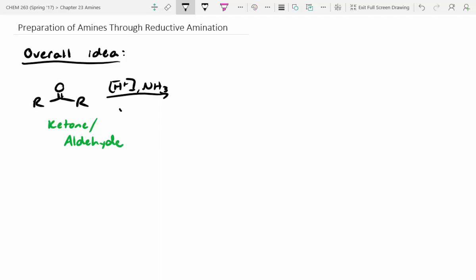What happens if you treat this with ammonia and drive off water? What will you get? Are you going to get an enamine or an imine? An imine, right? So where's the double bond going to be for an imine? Yeah, between the nitrogen and carbon.